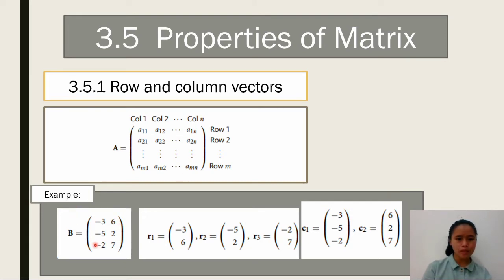Example, we have matrix B, with row 1, row 2, and row 3, and C with column 1: minus 3, minus 5 and minus 2. Column 2 is 6, 2 and 7.